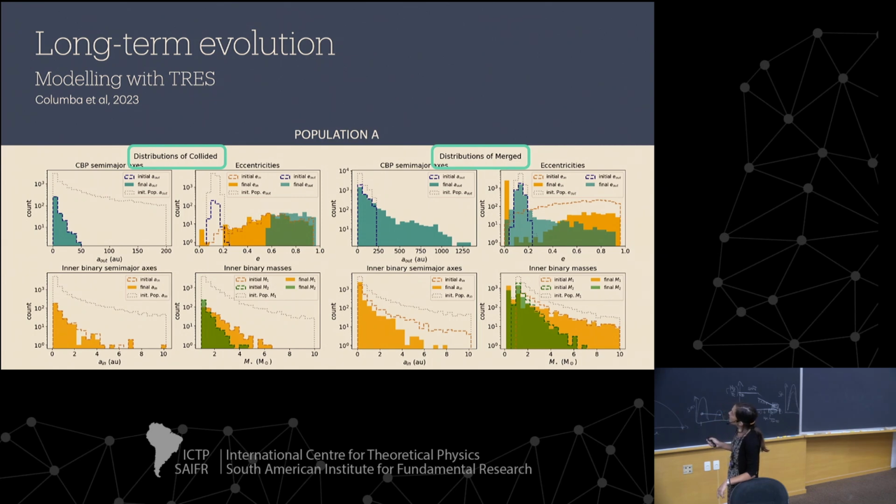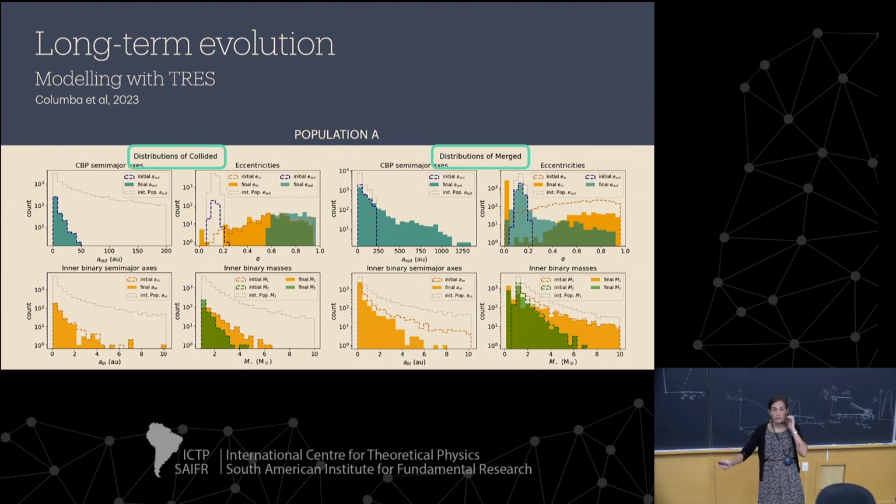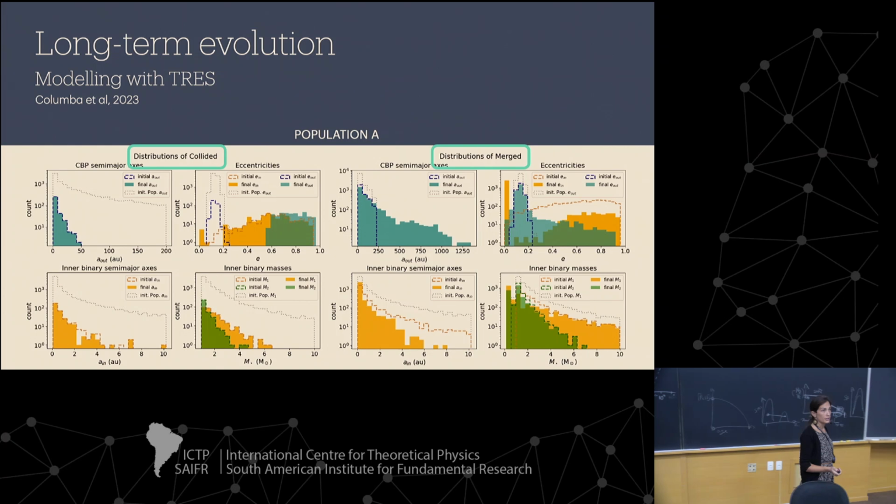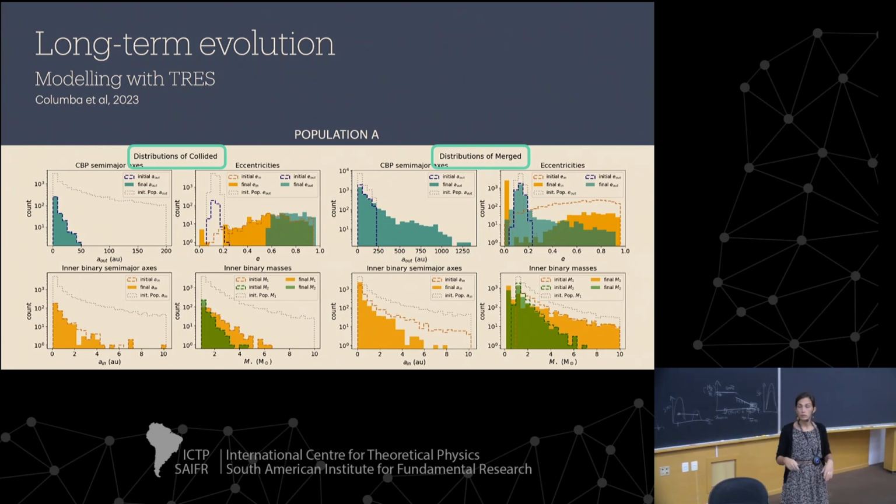So yes, indeed, collided. This was the planetary initial distribution for the eccentricity. And look at the final ones, they're all above 0.6 because they got into a very eccentric orbit, and then automatically it crashed against the inner binary. So that was dead.